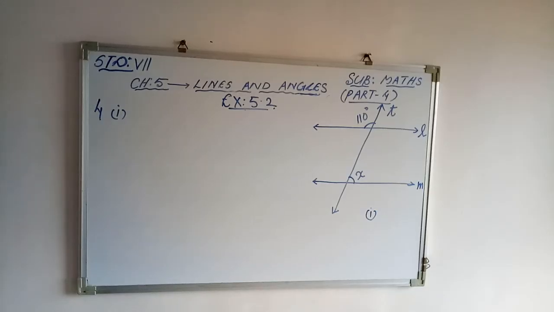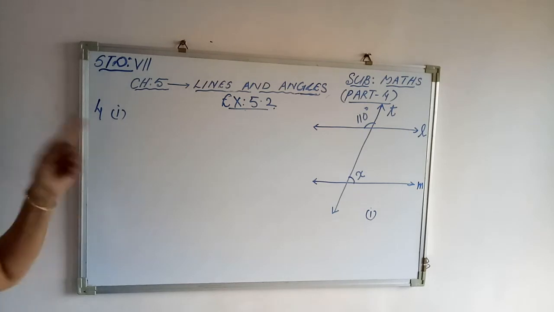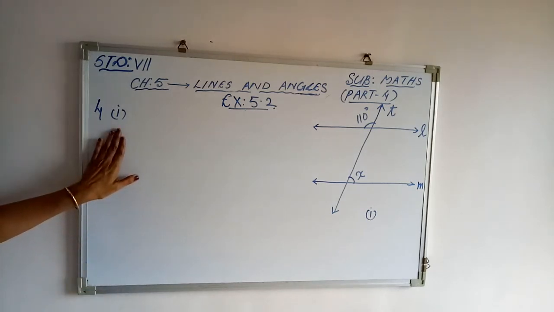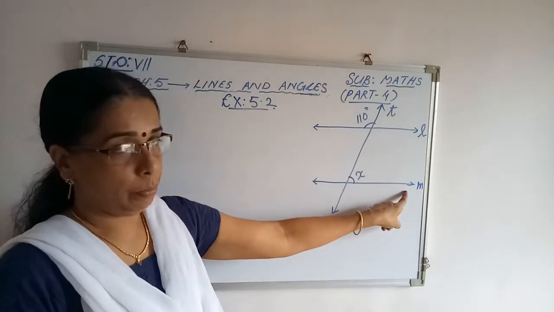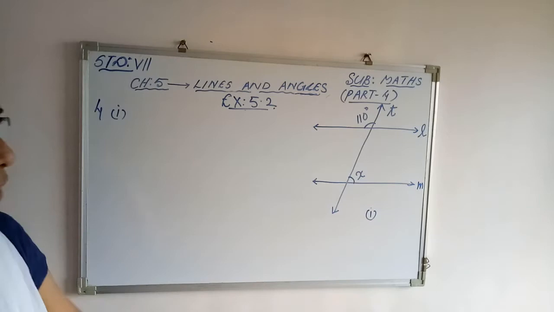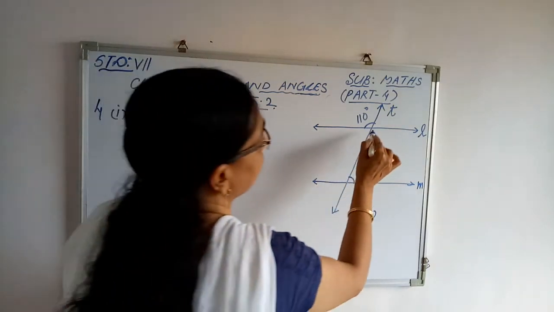Now question 4. There are two questions in the fourth one. The first question we can solve. What is given in the question? Line L is parallel to line M. You have to find out the value of X. For that, listen, I am going to mark here.